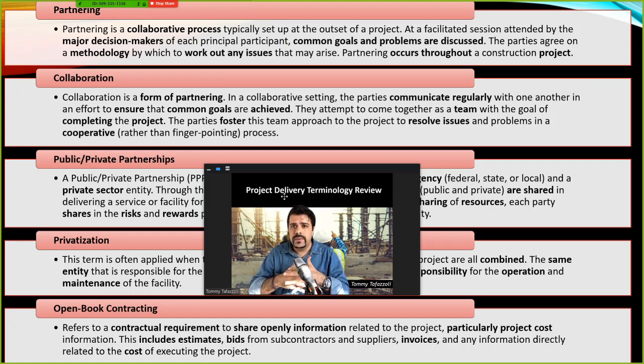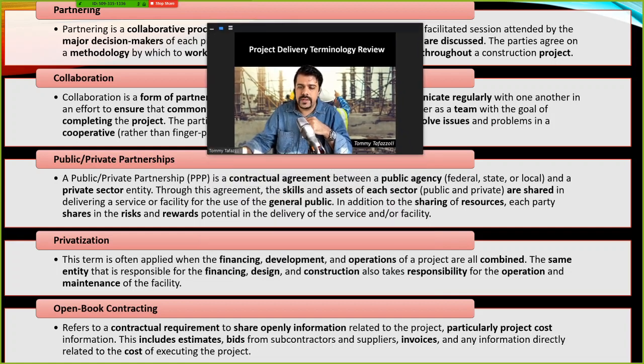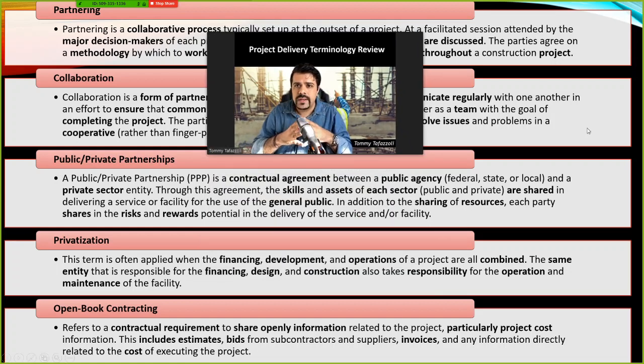Okay, so public-private partnership is when a public agency is in a contractual agreement with a private company, and they share the skills and the resources they have together to make the project. For example, a public agency might have a good number of construction equipment, so they ask the contractor, we want to make the project cheaper for us, so we are going to use our own resources.